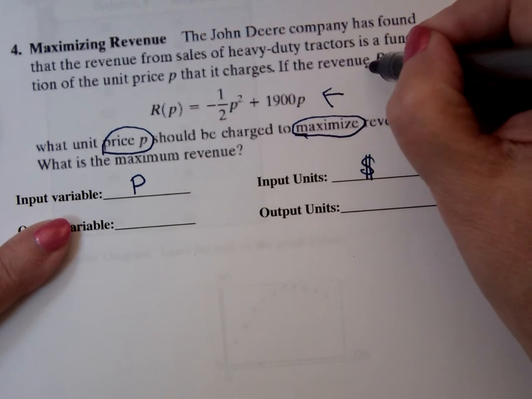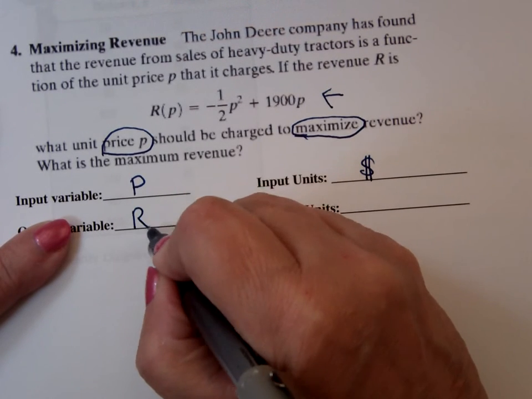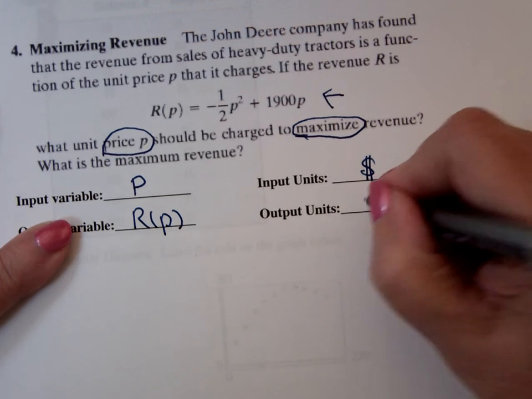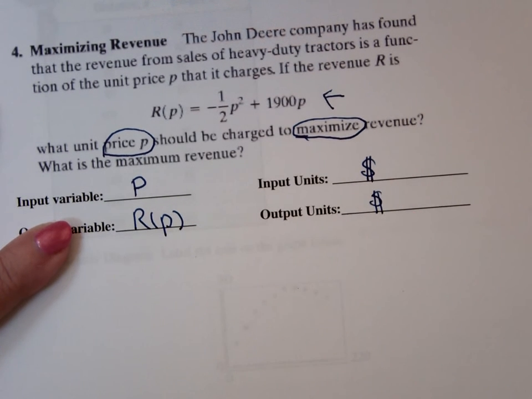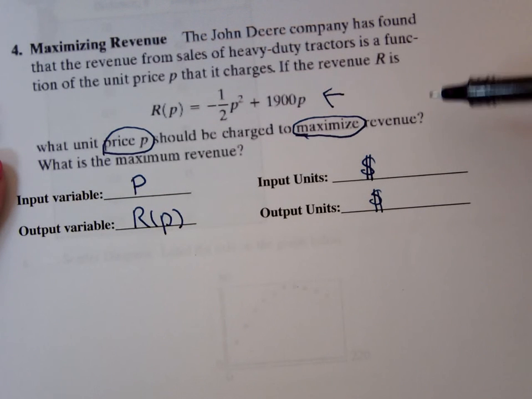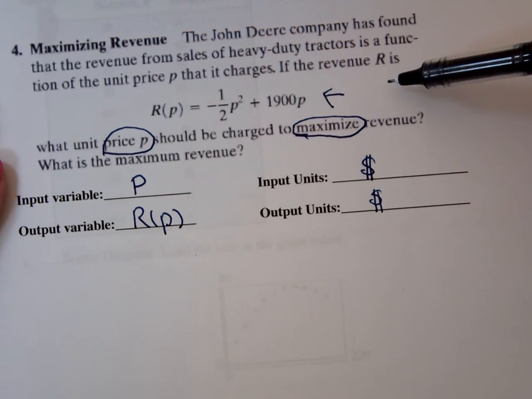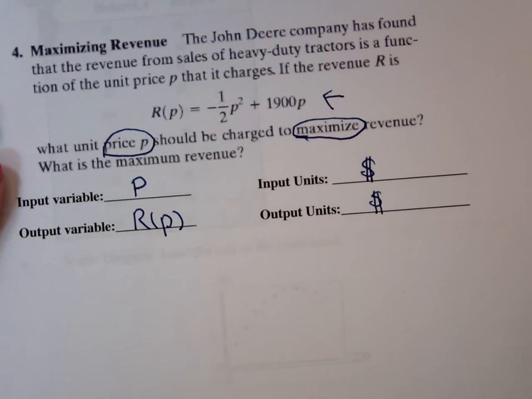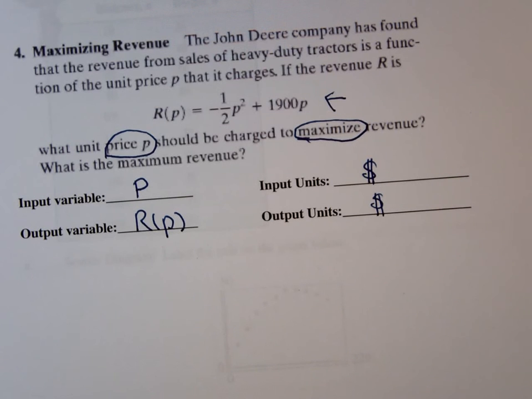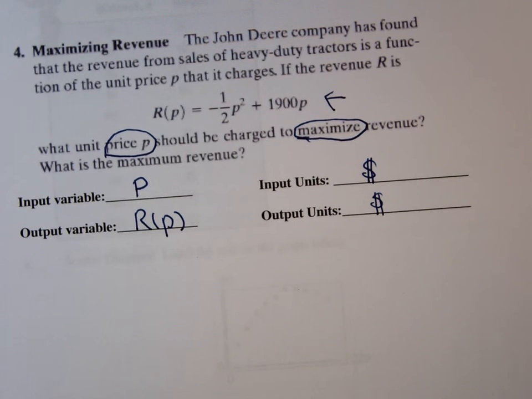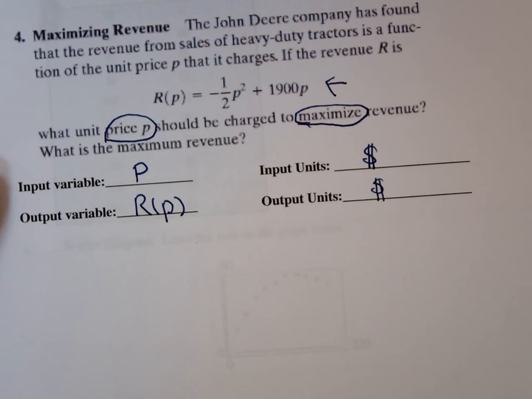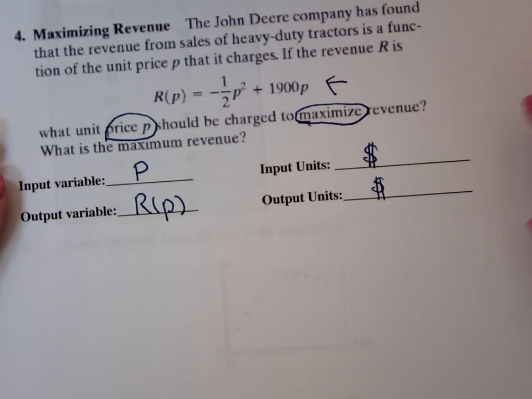And the output is R of P, and that is revenue, so that's also got to be in dollars. They didn't tell me that it's thousands of dollars. It just says nothing, so I assume it's dollars. Although tractors, to me, I mean, you're looking at huge prices for tractors, unless they're little miniature baby tractors. But they're heavy-duty baby tractors, I guess.